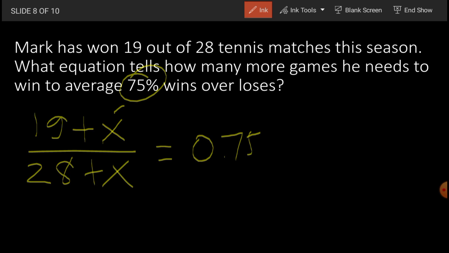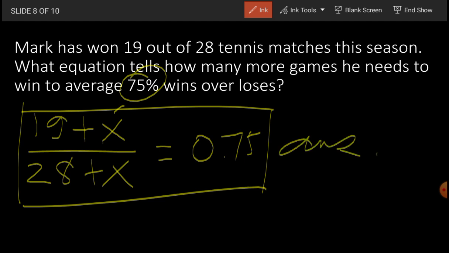What equation tells how many more games he needs? So this is the equation. We are not being asked to solve for x or the number of wins, but we are asked to find the equation. So this is already the equation. 19 plus x all over 28 plus x equals 0.75.